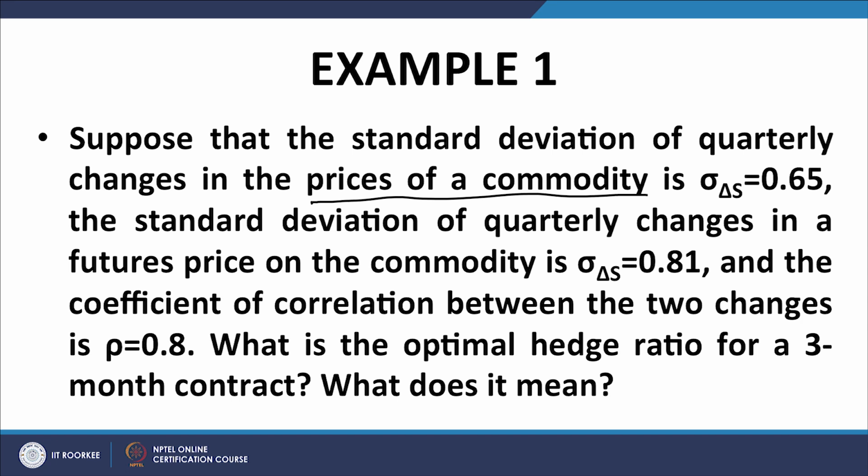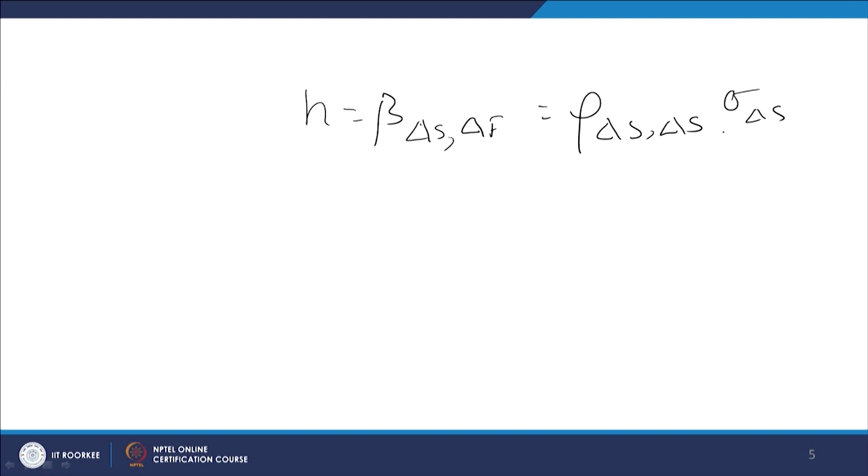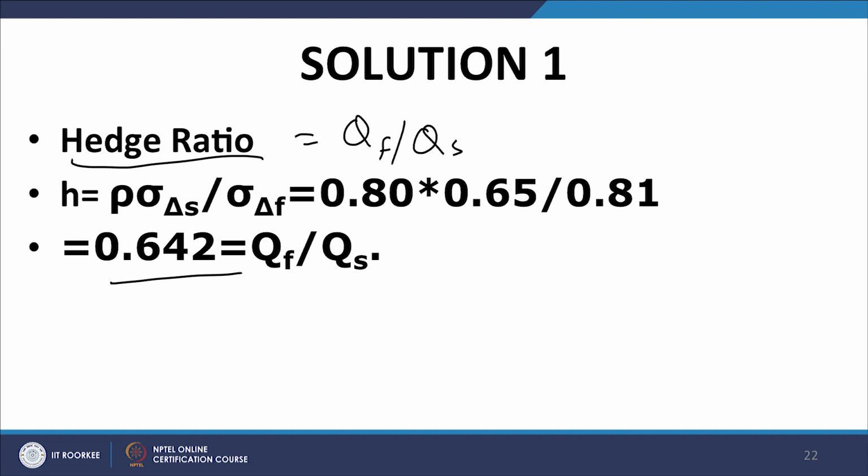It is quite simple. Optimal hedge ratio is given by H is equal to beta delta S delta F, and that is nothing but rho delta S delta F into sigma delta S upon sigma delta F. You put these values and you get the hedge ratio as 0.642. As you can see on this slide, rho is equal to 0.80, sigma s as we have just seen is 0.65 and sigma f is 0.81.